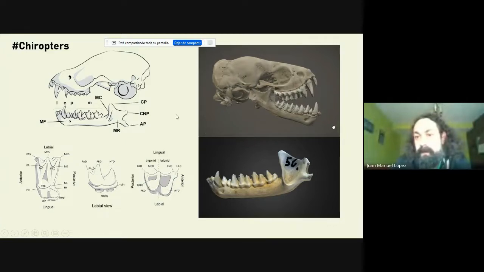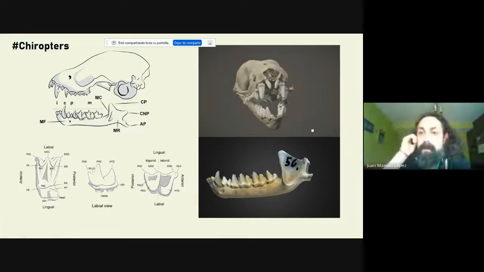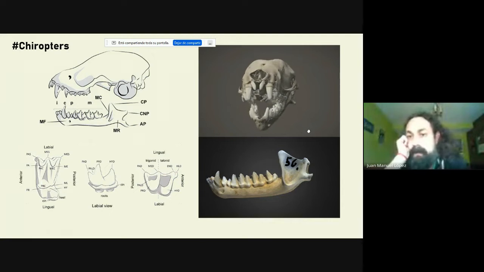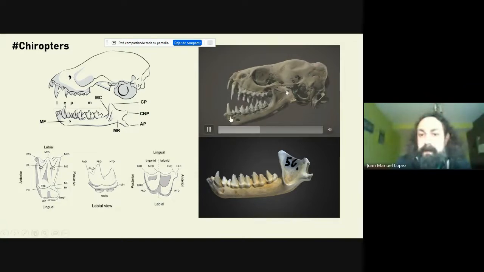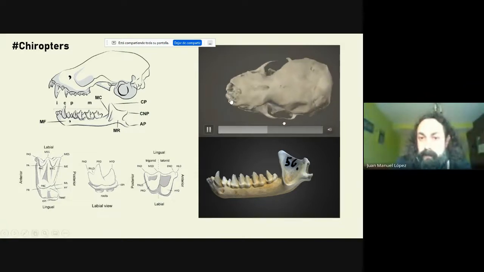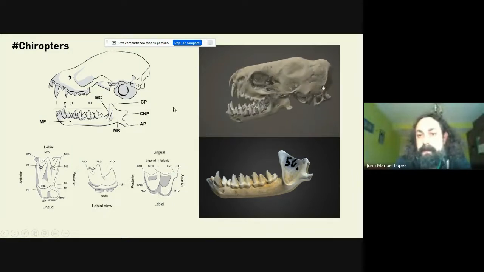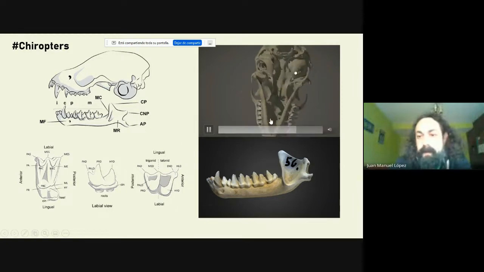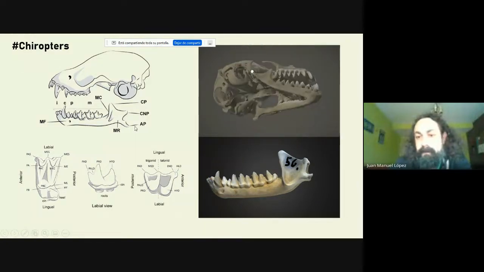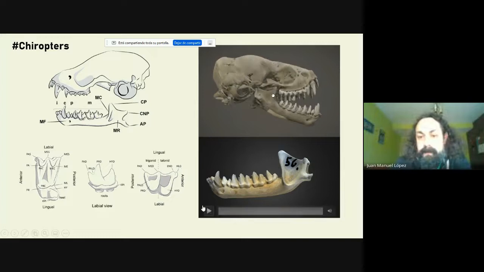You can see here the canine and the mandible of a Rhinolophus, with the characteristic prolonged canines and acute cusps of the molars.